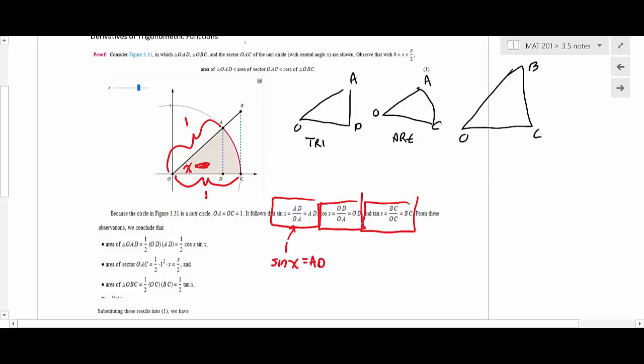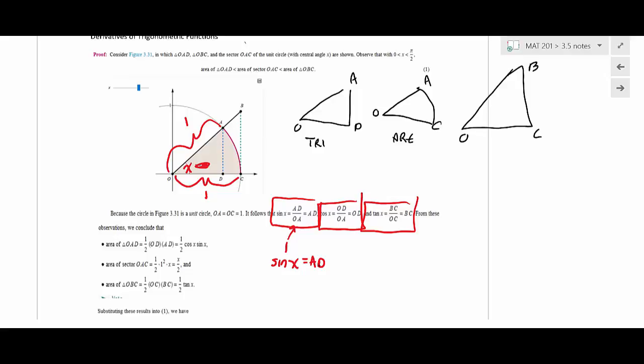Okay? Now look at the cosine. If you look at the cosine of that angle, remember that x is a radian measure of an angle. The cosine, what is it? Adjacent over hypotenuse, right? So in this triangle, we would have OD over OA. Everybody see that? And what's OA again? 1.